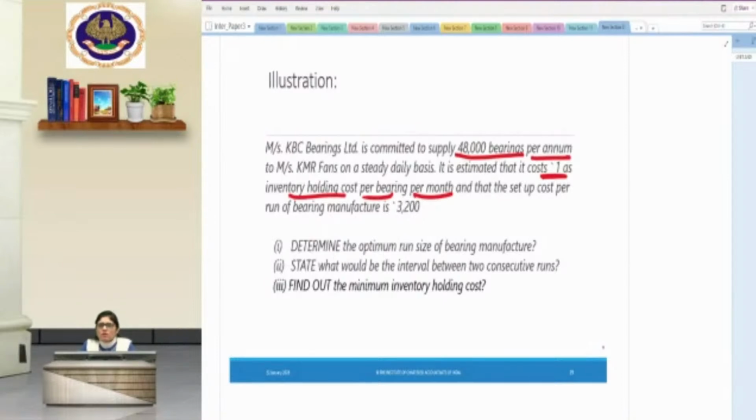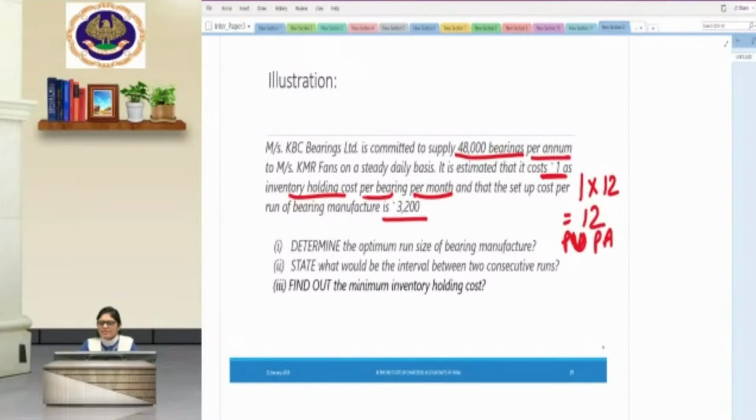Carrying cost also you require per annum, so you have to multiply it by 12. ₹1 into 12, so the carrying cost will be 12 per annum. It is 12 per unit per annum. Clear? ₹1 is per bearing per month, you need per bearing per annum, so multiply by 12. And setup cost per batch is 3,200.